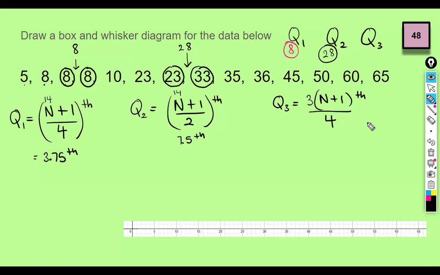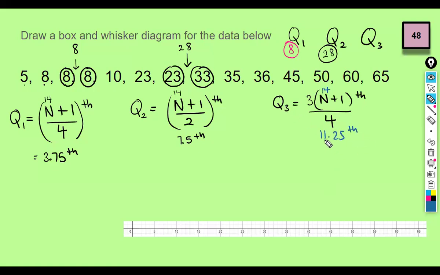A lot of different answers for Q3, but anyway, let's go ahead and do this. We replace it here with 14 again. 14 plus 1 is 15, multiplied by 3, and then divided by 4. 15 multiplied by 3 divided by 4 is 11.25.